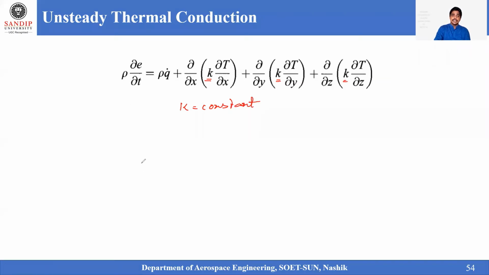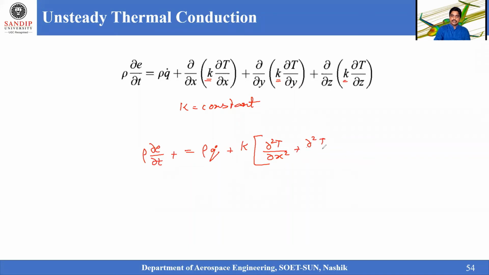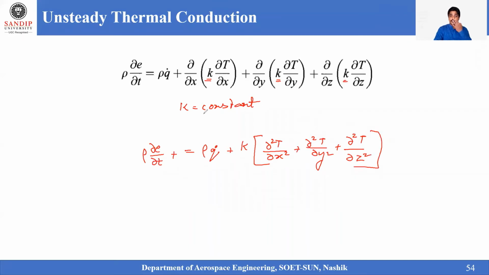In that case my equation will be simplified to dou rho E by dou T equated to rho Q dot plus k into dou square T by dou x square plus dou square T by dou y square plus dou square T by dou z square, where k has been taken as constant in that one, right?